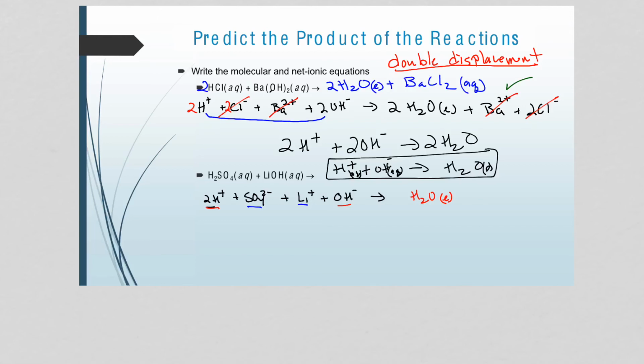So we're going to have plus Li2SO4. Now again, we're going to consult our solubility rules to see if this is soluble, and I can tell you that it is, because lithium salts are always soluble. So we got lithium sulfate as our product.